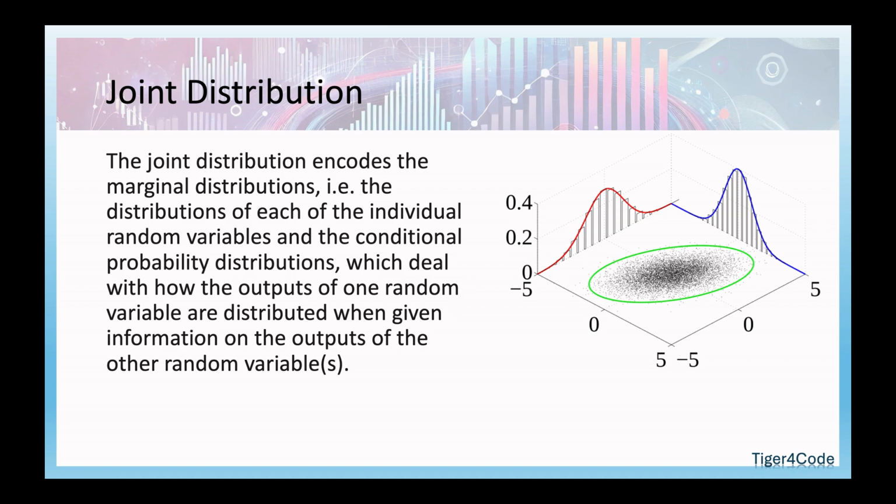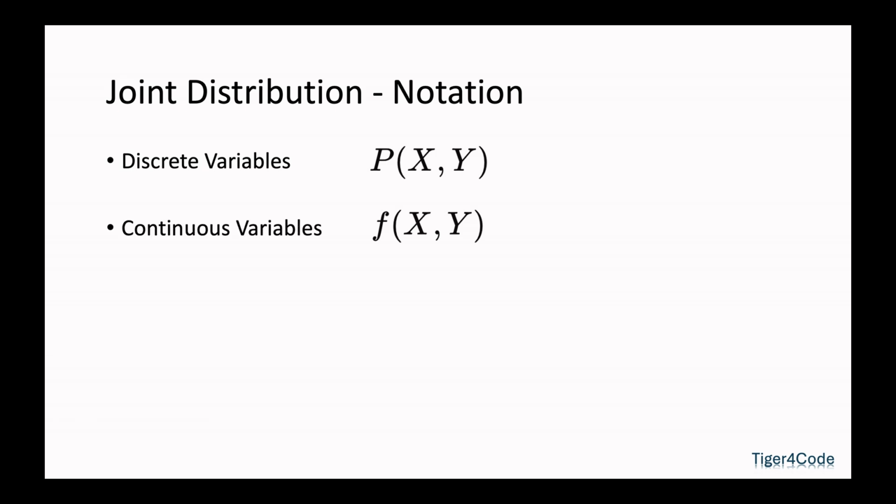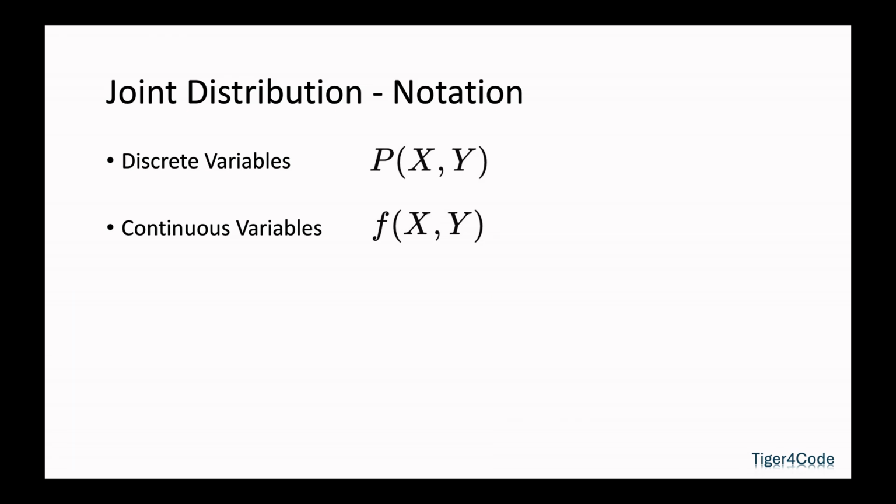For example, we might look at the probability of rain and the probability of someone carrying an umbrella at the same time. We often write this as P of x and y for discrete cases or f of x and y for continuous ones. The key idea here is that joint distribution shows us if and how those variables are related.